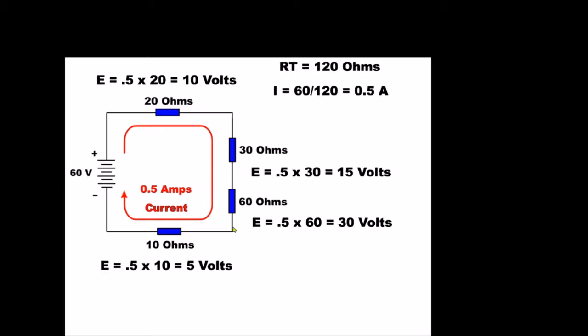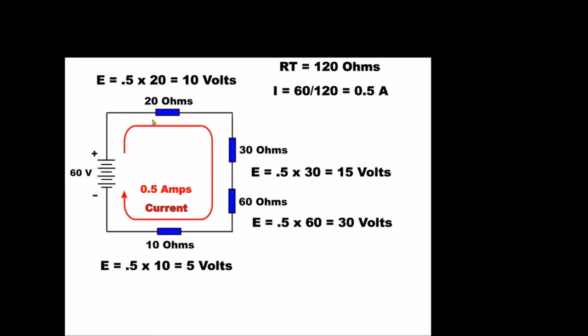So if I have a poor connection here that drops, say, 5 volts, that means all my other resistive elements, fans, motors, whatever, are going to be reduced in voltage because of this added voltage drop, because they all have to add up to 60 volts. So that's the kind of problem that we have with a poor connection.